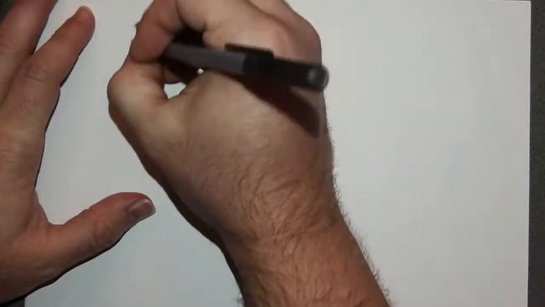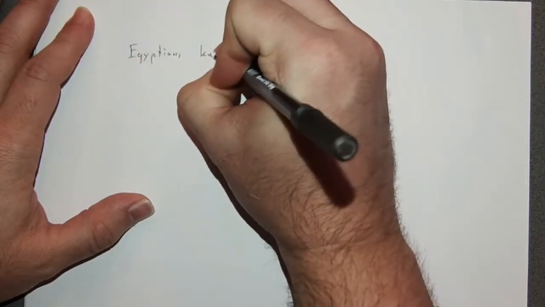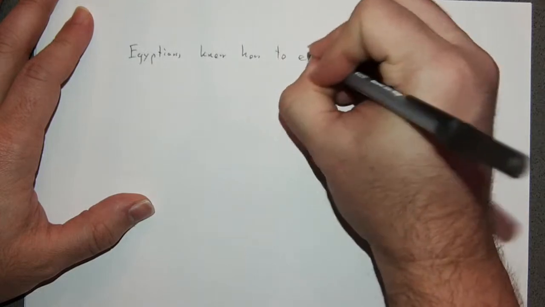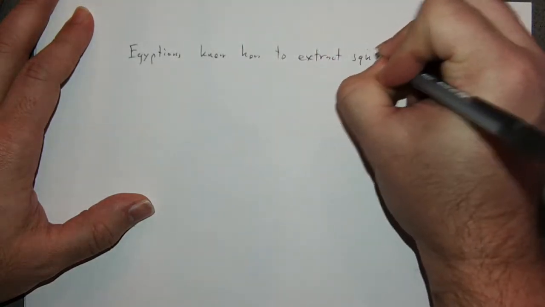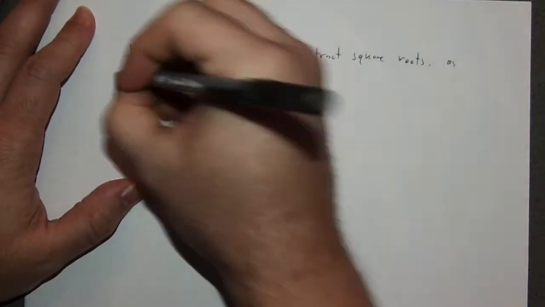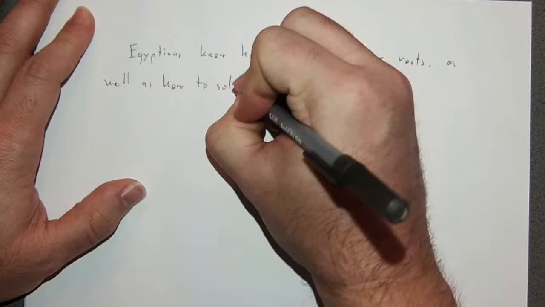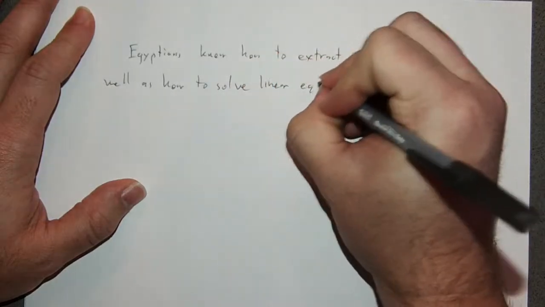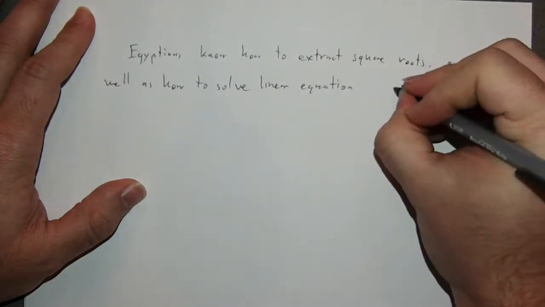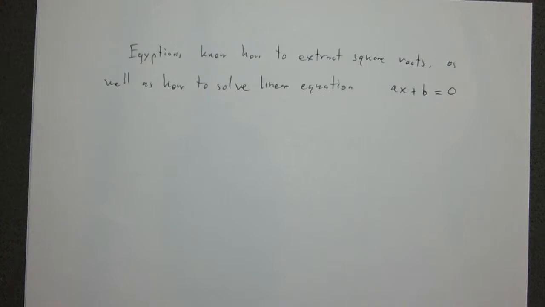So the Egyptians knew how to extract square roots, as well as how to solve linear equations. Yeah, so ax plus b equals 0, as we would write in modern language. They could solve these things.